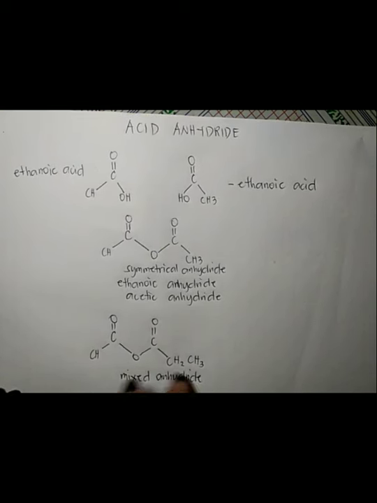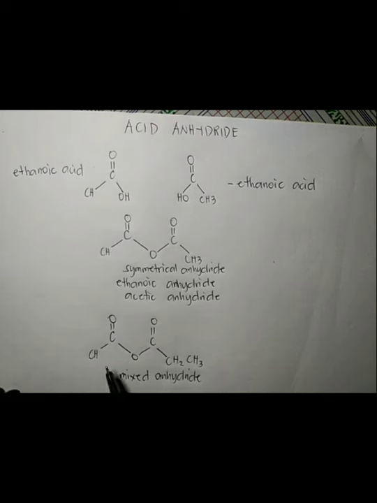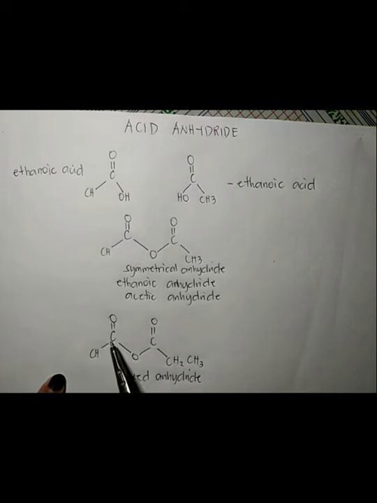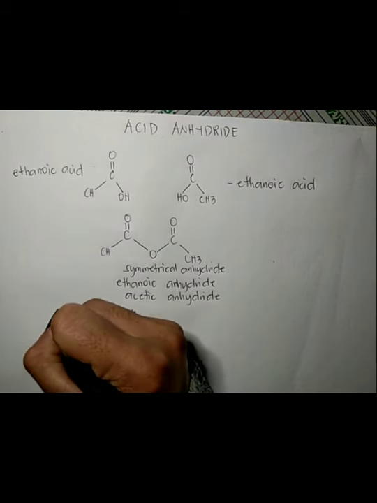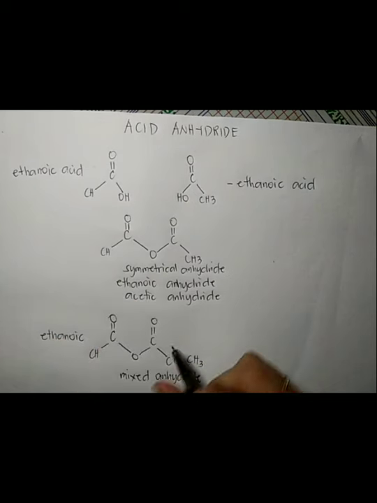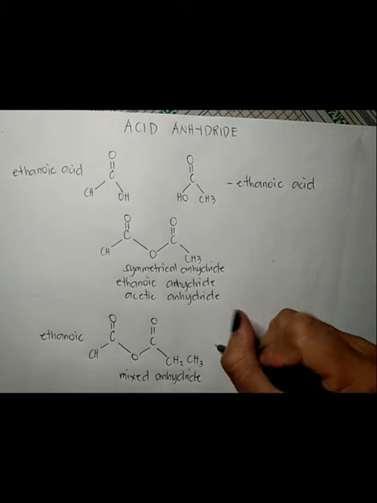To name this structure, first we will name this side. We count the carbon atoms, 1, 2, so this is ethane or ethanoic. Here we have 1, 2, 3, so 3 is equivalent to propane or propanoic.